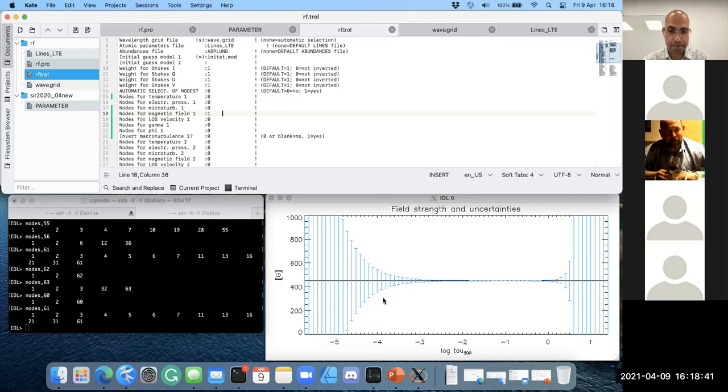Because how well would this code deal with, say, the steep temperature gradient at the base of the chromosphere?